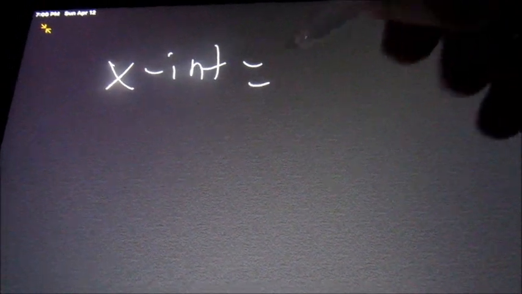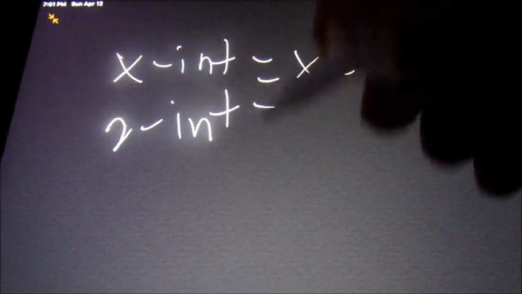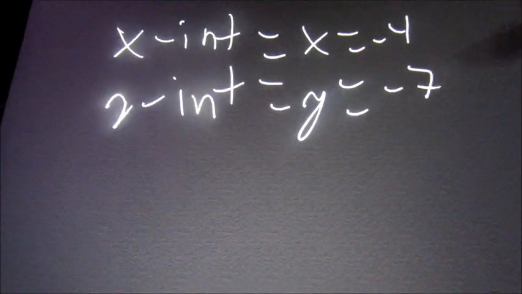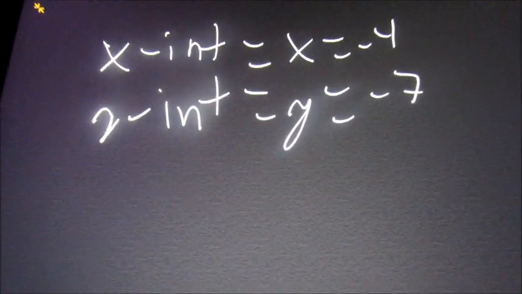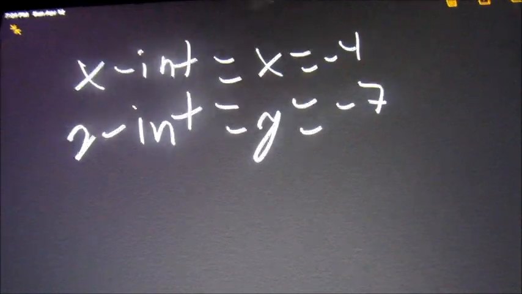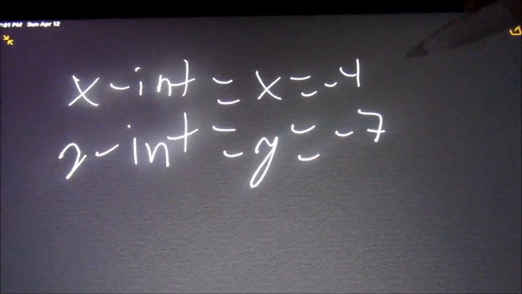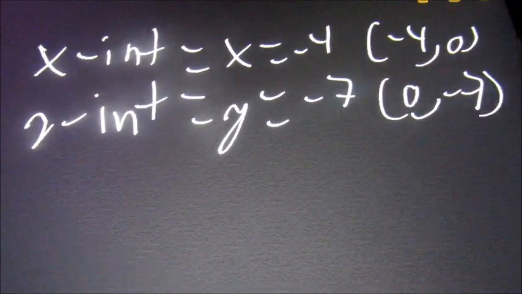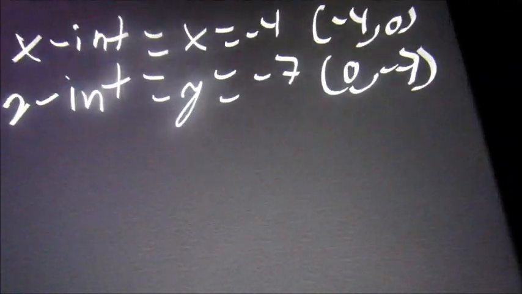Then, on some of them, you're going to be given something like the x-intercept is at x equals -4, y-intercept at y equals -7. So the first thing you have to do is find the slope. Remember, the x-intercept is (-4, 0), and the y-intercept is (0, -7). This is something that you have to remember on these.